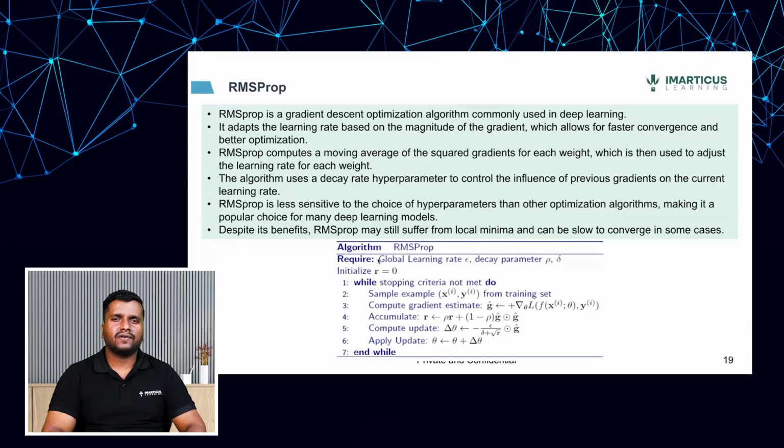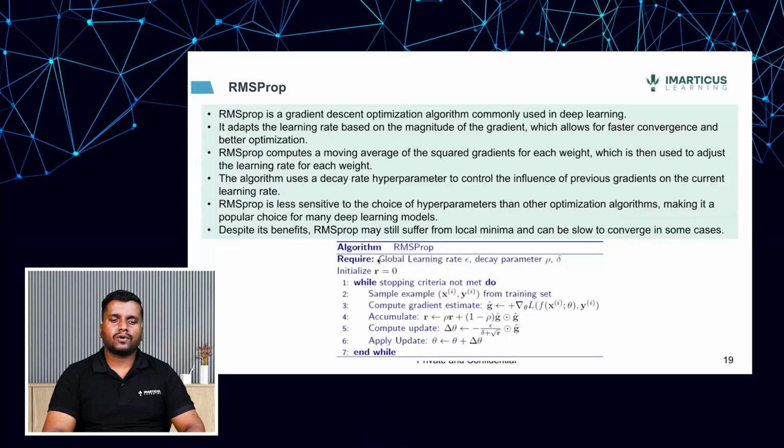So the learning rate for each weight is adjusted based on the moving average of the recent gradients. The algorithm uses a decay rate hyperparameter to control the influence of previous gradients on the current learning rates. RMSprop is less sensitive to the choice of hyperparameters than other optimization algorithms, making it a popular choice for many deep learning models.